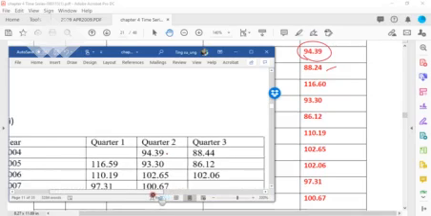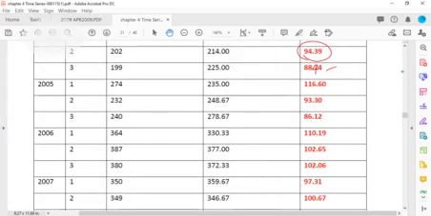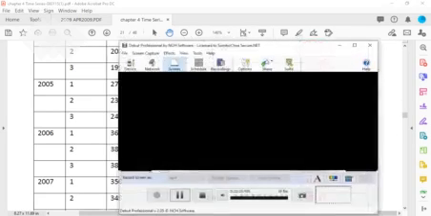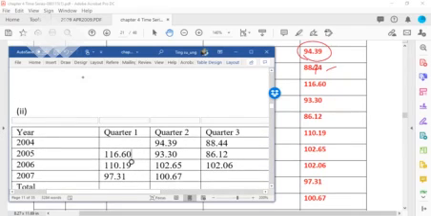Same goes with this one, this is 60. Oh, this is 84. Then 88.44. So you just fill out everything until you have the last one, 2007 second quarter.